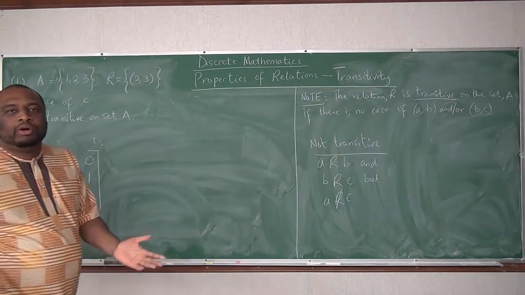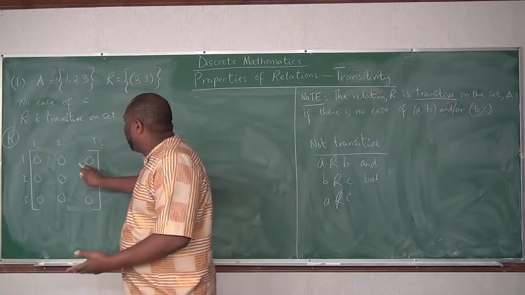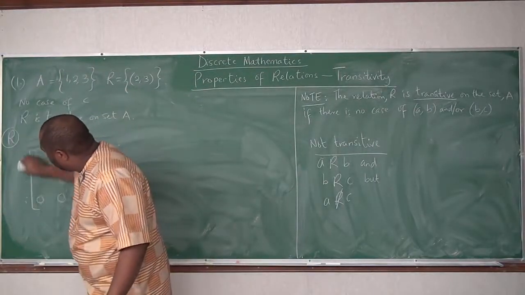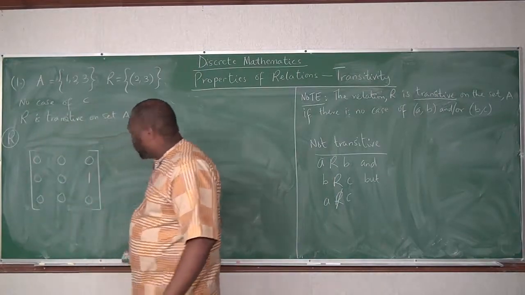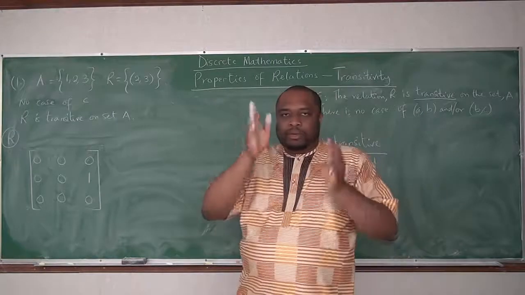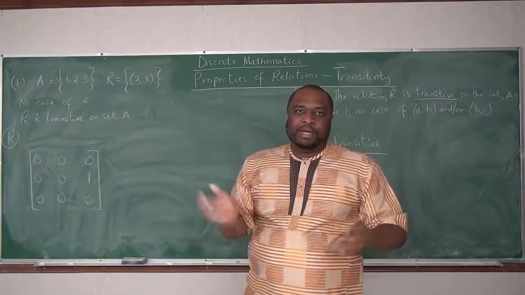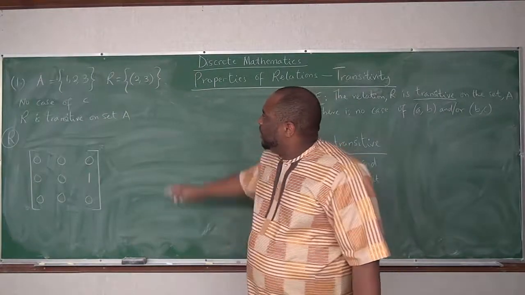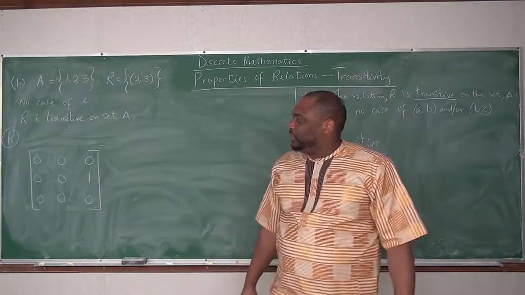How would you know if they give you this? Let's say they give you this relation as a matrix. Remember, in the main topic we did on relations, I explained how you can represent relations as a 0, 1 matrix. So this is that relation as a matrix.